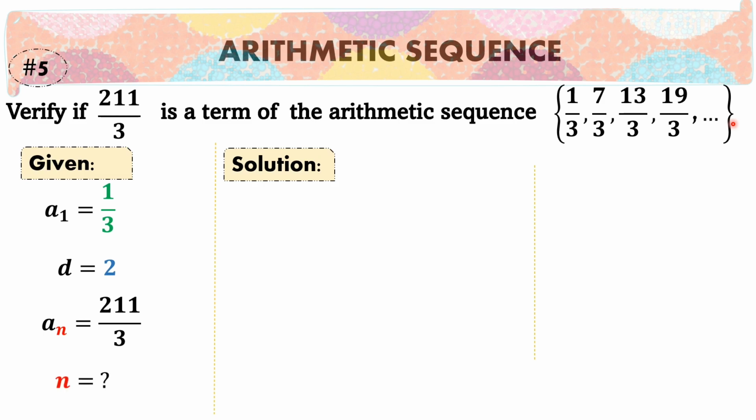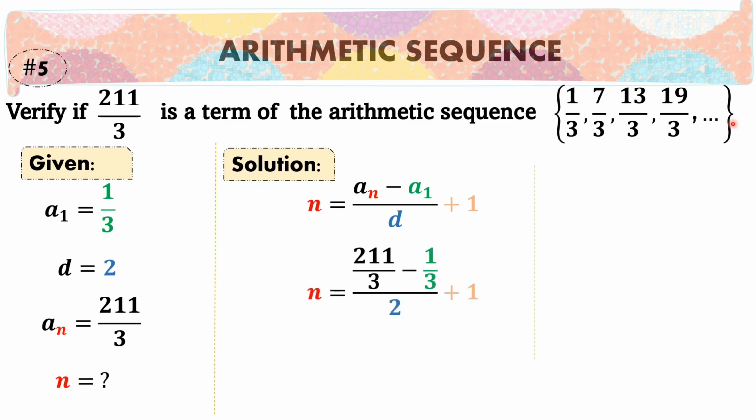What is n? N is A sub n minus A sub 1 all over D plus 1. Substituting the given, A sub n is 211 over 3, A sub 1 is 1 third, D is 2.